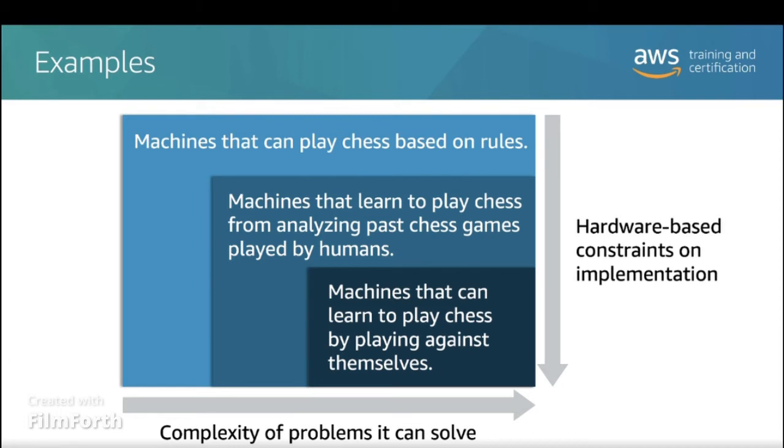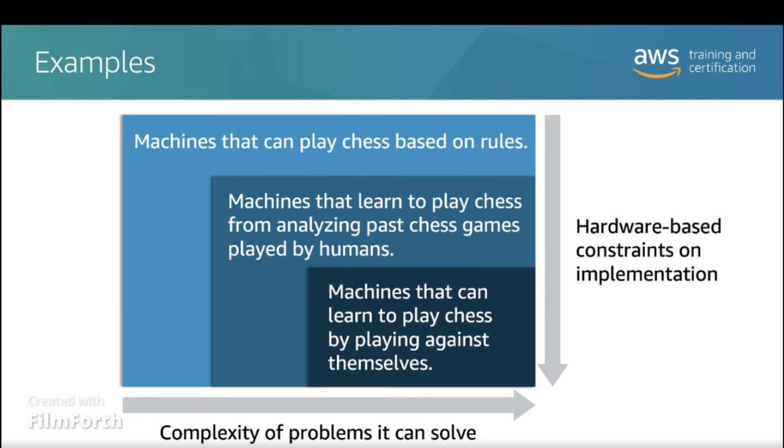With machine learning, chess-playing machines can actually learn and improve their chess skills by doing things like analyzing past chess games that were played by humans. They could be provided with simple chess strategies, but then use something like traditional reinforcement learning where they can identify patterns and moves that were more likely to result in winning versus moves that were more likely to result in losing the game to hone their performance.